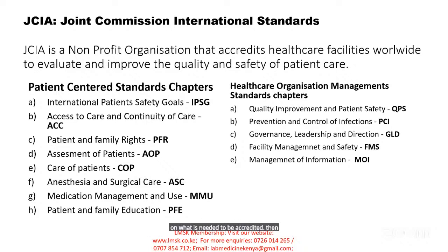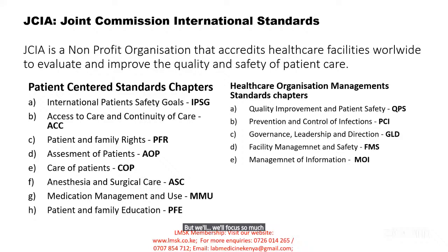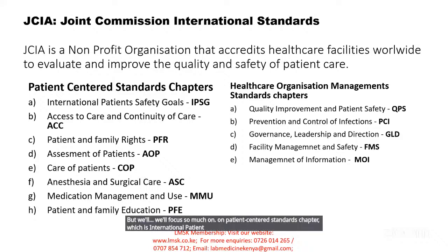Then it also has patient-centered chapters, like the one we're going to focus on today, the International Patient Safety Goals, called IPSG. Another section is for the healthcare organization, the Healthcare Organization Management Safety Standards. But we'll focus mostly on the patient-centered standards chapter, which is the International Patient Safety Goals.